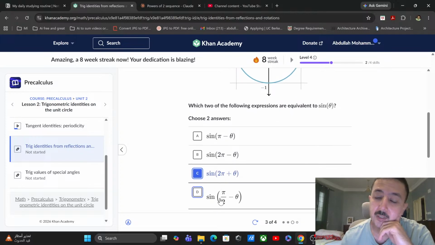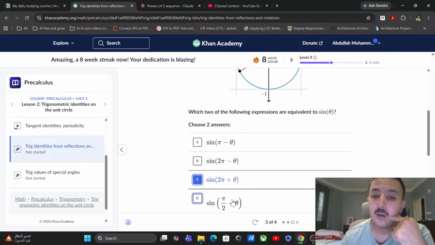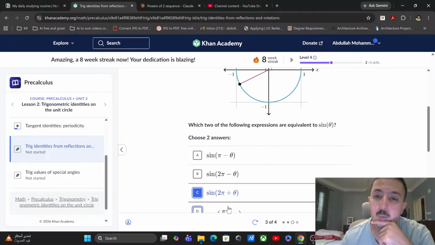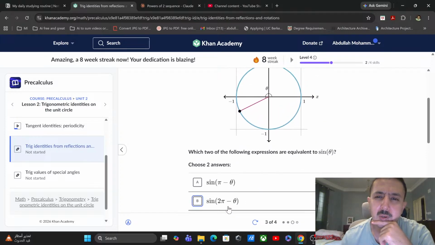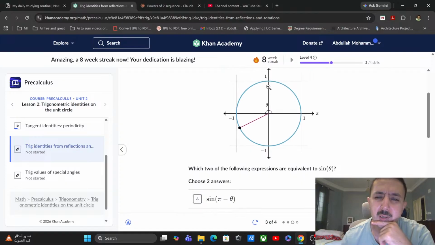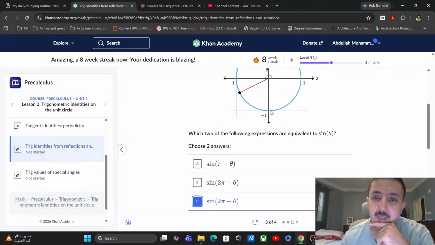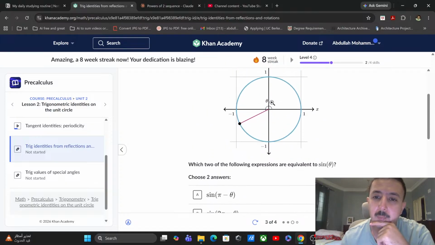And sine, okay, pi over 2 minus theta. Pi over 2, which is this one. This is pi over 2 minus theta. I guess, yes. Yep.